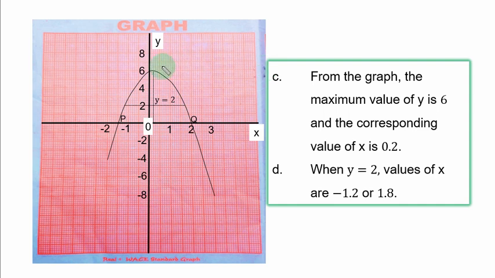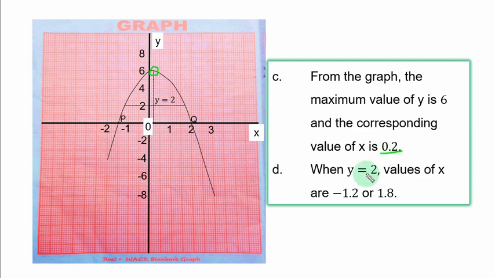So the peak of the curve is the maximum value of y, and that point is simply 6. When you trace to the x-axis, noting that one line is 0.1 unit on the x-axis, you have 0.2 as the corresponding value of s when y is maximum.